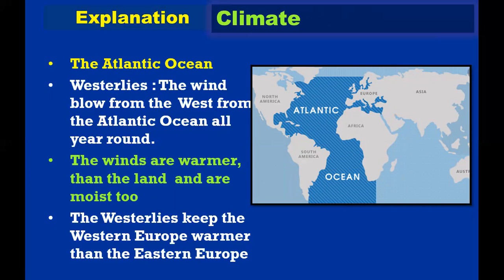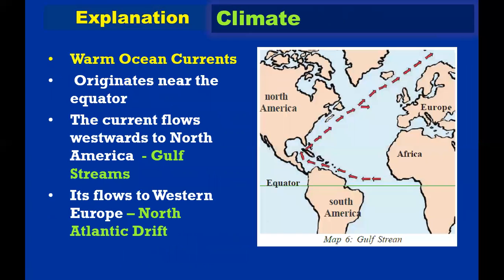Now, there is a warm current. You know, at the equator it is very, very hot. You read in your previous classes that at the equator we have a warm current. This warm current travels from the equator towards the poles. It starts at the equator, and as it moves towards North Africa, there we call it the Gulf Stream.